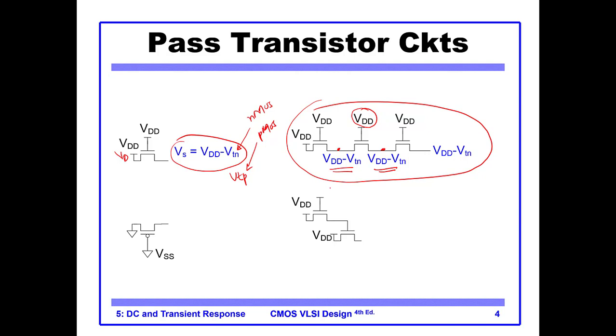But if you have this circuit in which this is the drain and this is the source, but it is connected to the gate of another transistor, in this case the voltage here is VDD minus VTN, and the voltage here is VDD minus 2 VTN. Okay, VDD minus 2 VTN.